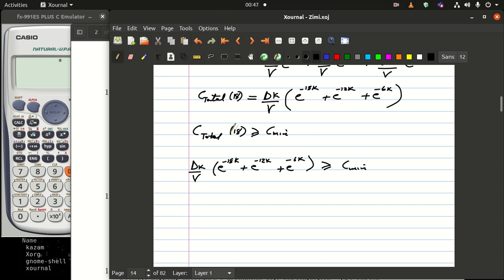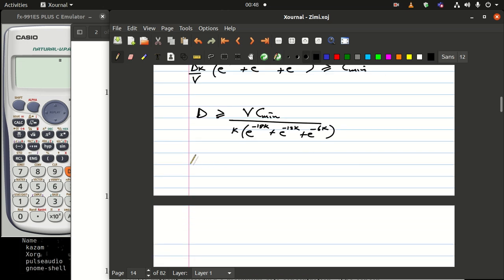I've just substituted this for that. And if I solve for D here, D must be bigger than or equal to V times C min, divided by k times e raised to minus 18k plus e raised to minus 12k plus e raised to minus 6k.